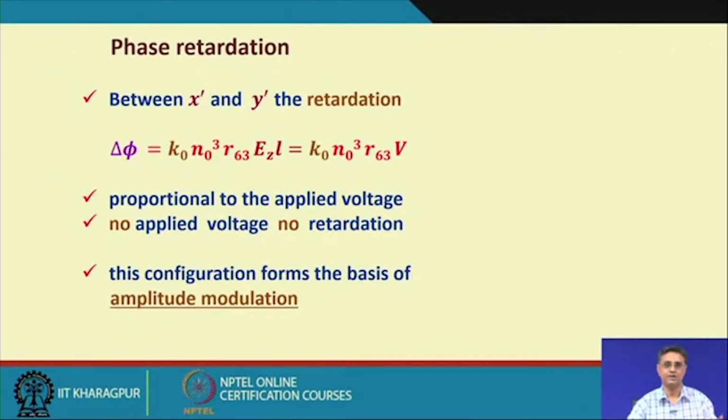But if you launch light with input polarization which is 45 degrees with x prime and y prime, that is, if the input polarization is along the old x or y axis, and if you place an analyzer at the output which is crossed with the input, then the system will give you amplitude modulation.